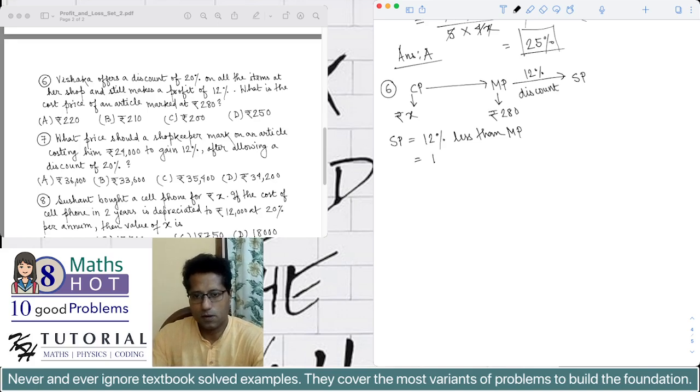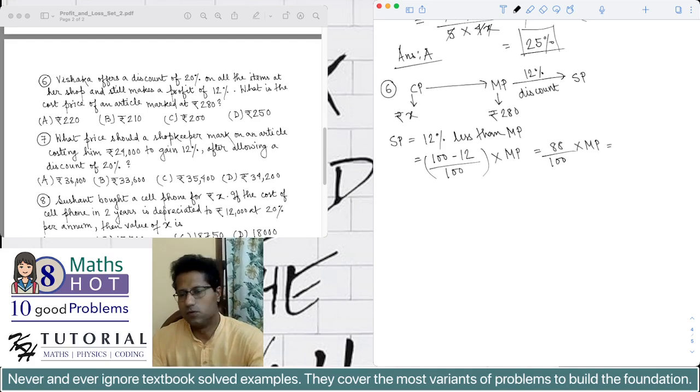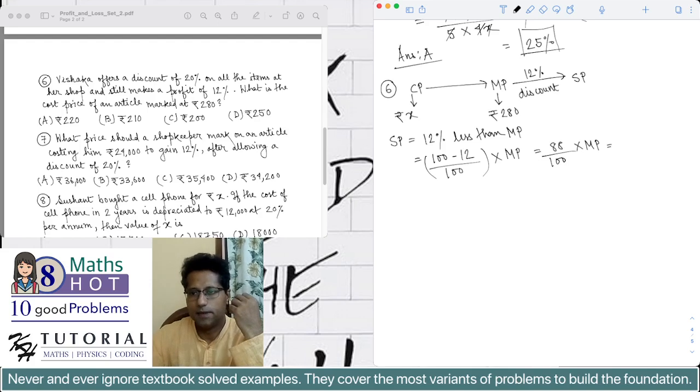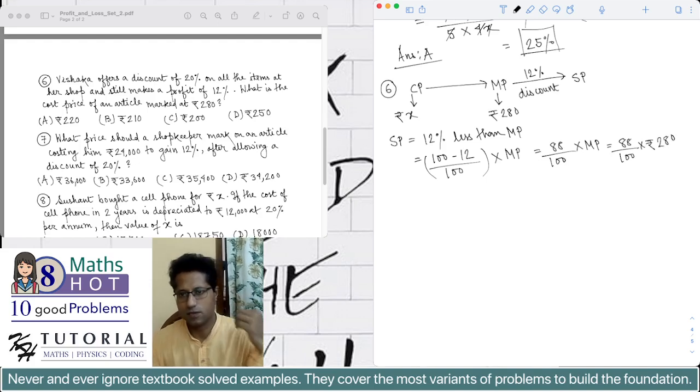This is equal to 100 minus 12 divided by 100 multiplied by MP, which is 88 by 100 multiplied by rupees 280, because the marked price is given as rupees 280.